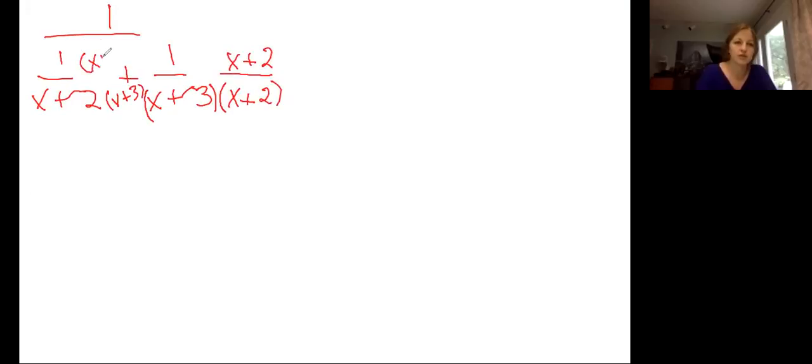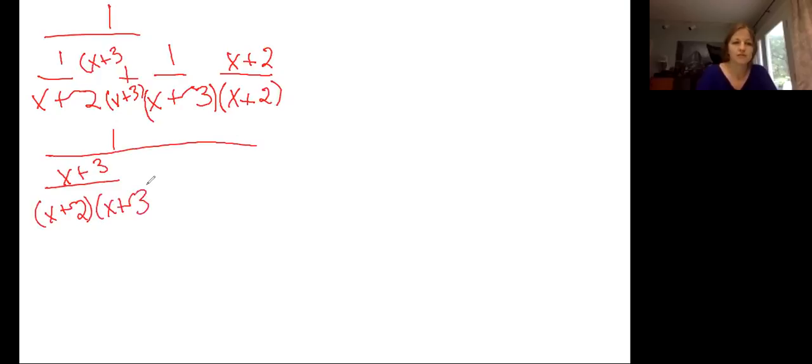And so we have to multiply the numerator by x plus 3. So what we get is x plus 3 over x plus 2 times x plus 3 plus x plus 2 over x plus 2 times x plus 3.